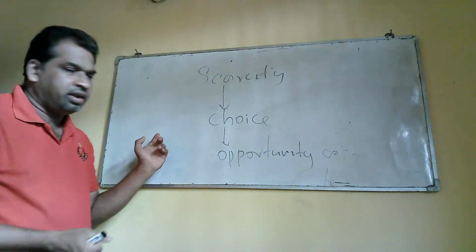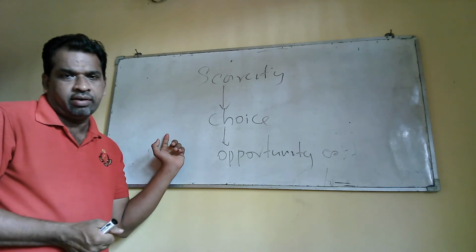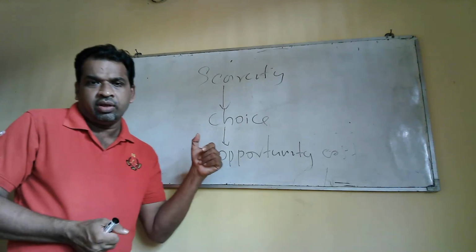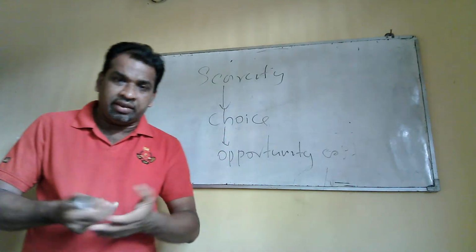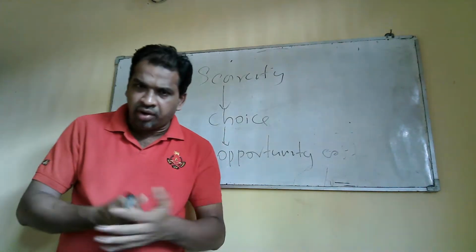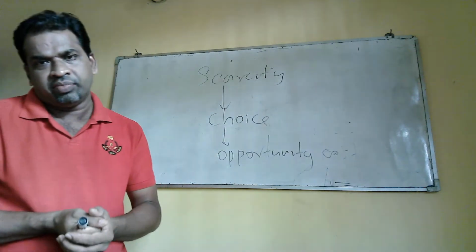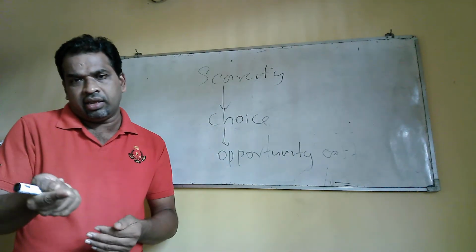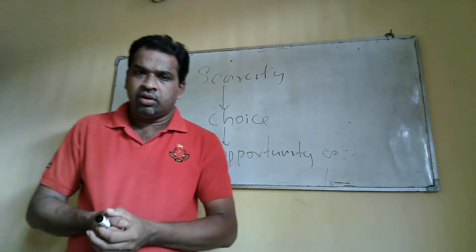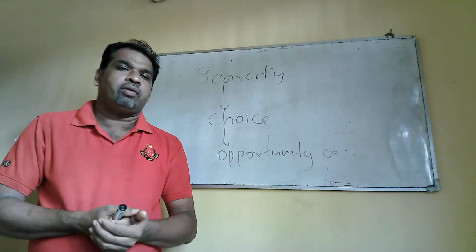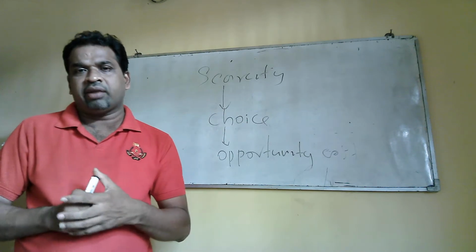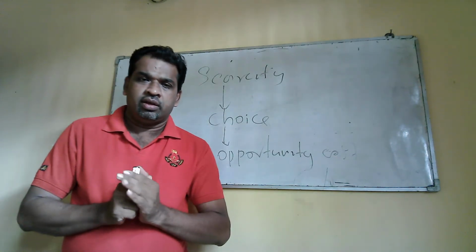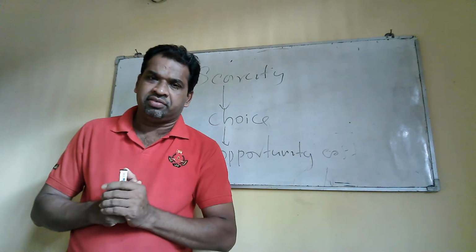If you take food, it is a need, but you can have your breakfast in a hotel or luxury goods, they are coming under wants. If you take clothes, that is a need, but if you want to wear very expensive clothes, they are coming under wants. Likewise, we can classify wants and needs.